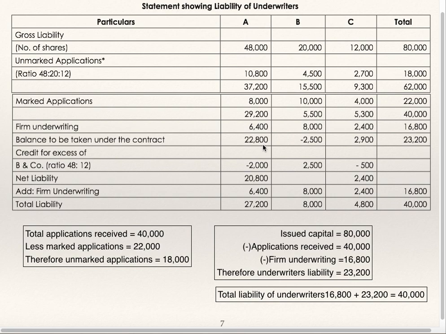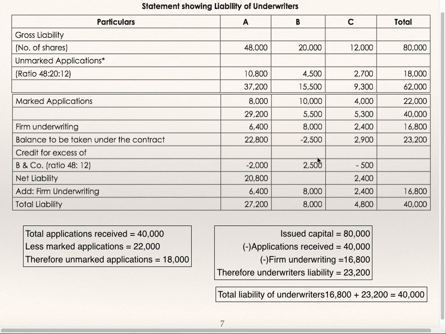After deducting this, B is showing negative 2,500. Then what you are supposed to do, B's negative 2,500 is to be distributed between A and C in the ratio of gross liability. What is the gross liability ratio of A and C? 48 and 12. 48 is to 12, that is 4 is to 1.